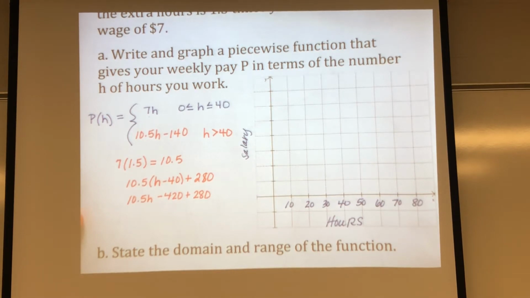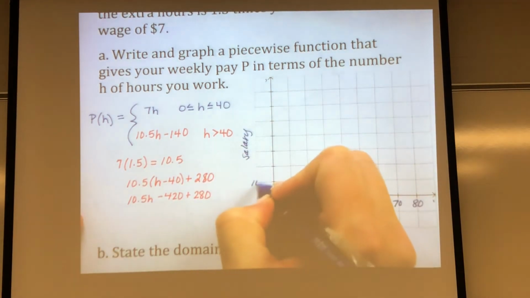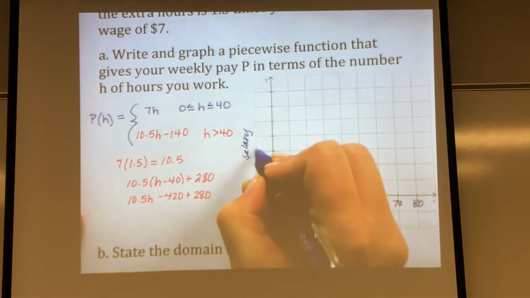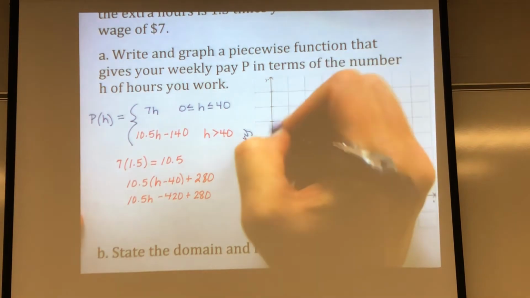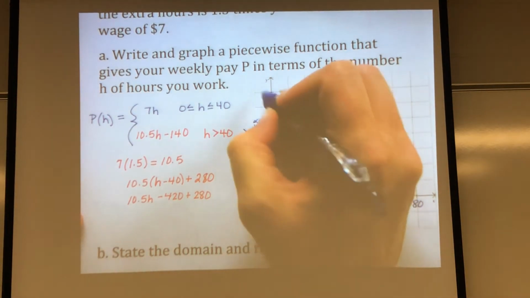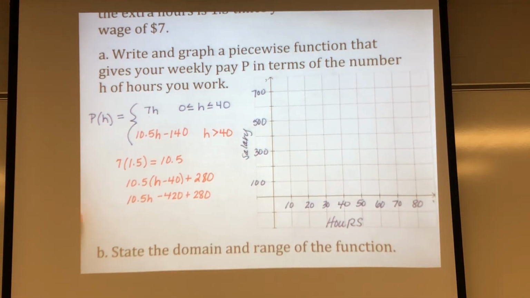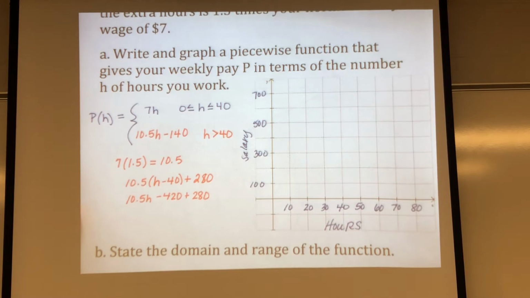So that would be kind of in the middle. So maybe if we count by hundreds, 200, 300, 400, 500. And you don't necessarily have to count by those numbers, just as long as we can get a good look at what the graph would look like.